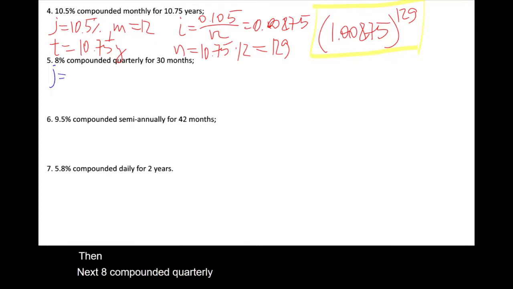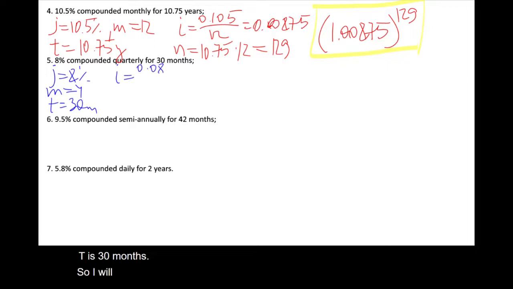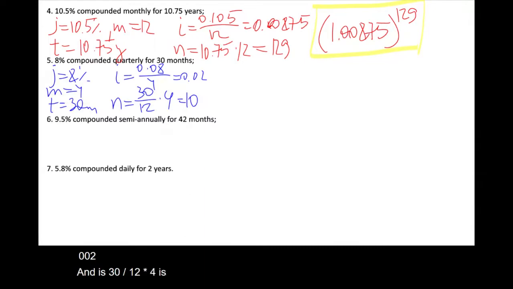J is 8%, M is 4, T is 30 months. So i will be 0.08 over 4, which is 0.02. N is 30 over 12 times 4, which is 10. And I have 1.02 exponent 10.